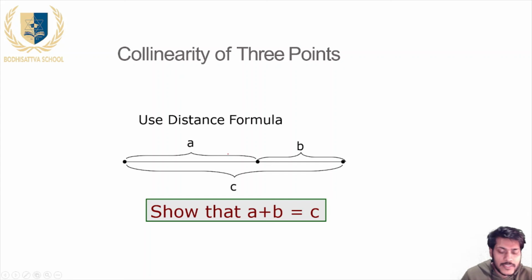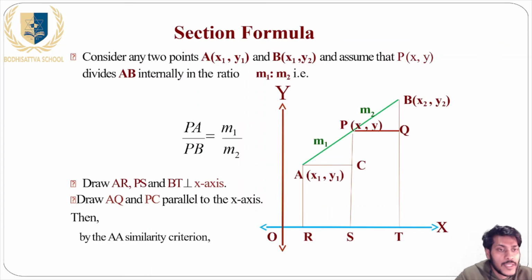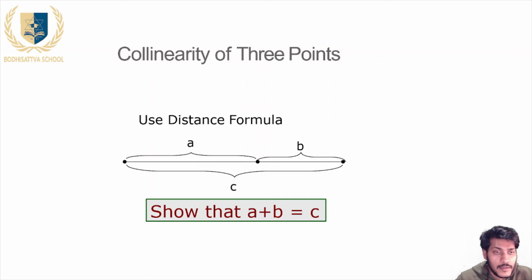So using the distance formula, we can identify the different shapes of geometry. We can also find the collinearity of any points. And also there are lots of applications in our life.